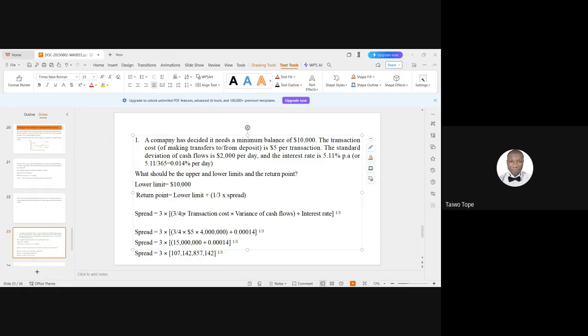Mr. Friday, from your calculator, what do you have? The figure he gave you is not correct. It's 142. So what is the correct figure? The figure is 107, 142, 857, 142.85, 0.86.